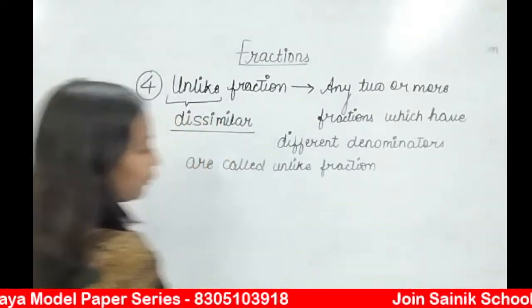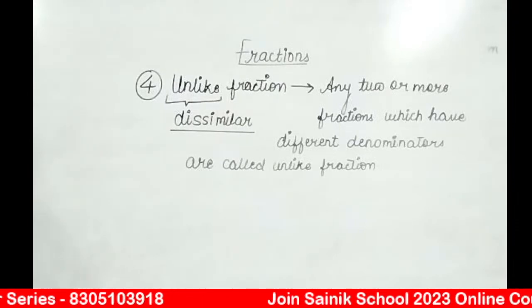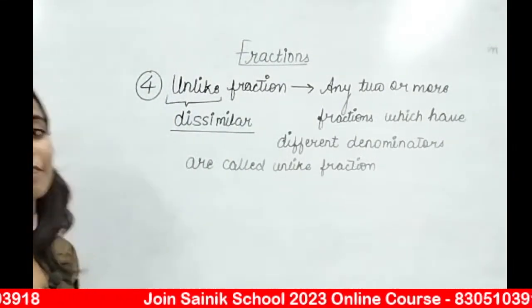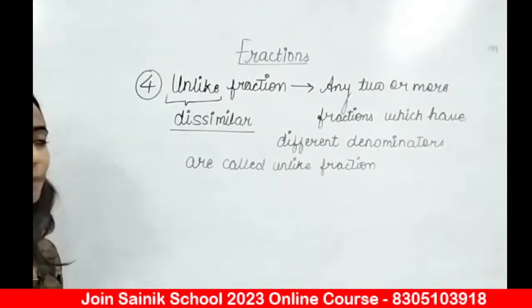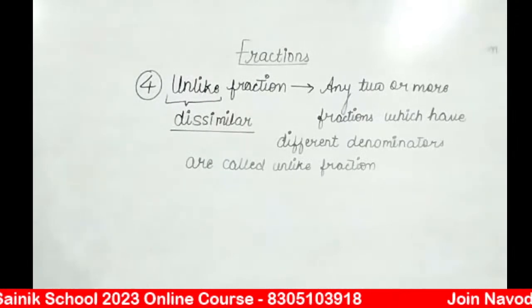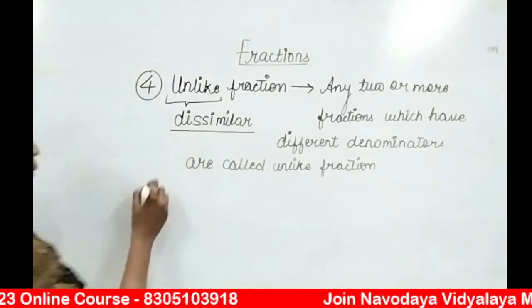Okay, so now we will look into the examples of unlike fraction. Everyone, try to find out the example. Is 1 by 7? Yes, Khushi, 1 by 7 is a fraction. Yes, everyone. Examples 3 by 5 and 2 by 8. Very good, Naveen.